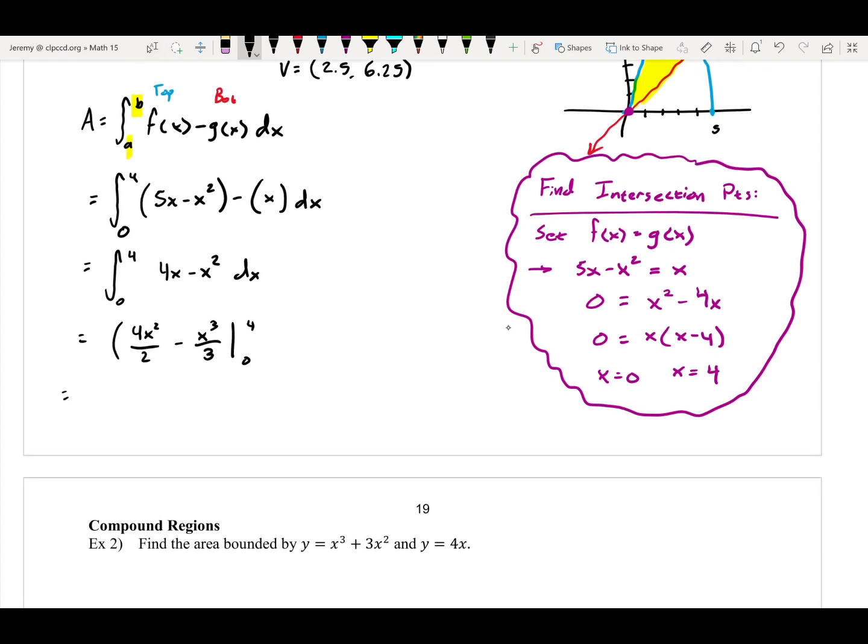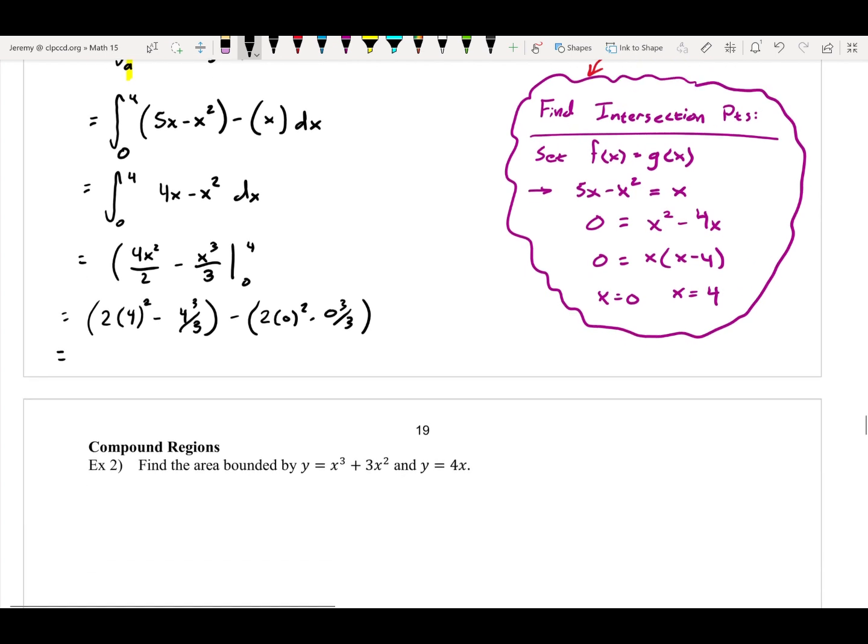Okay, so I can simplify a little bit, and I'll write this as just 2x squared, but I'm going to go ahead and plug in 4. So minus 4 cubed over 3, and then we'll subtract from that, plugging in 0, which is going to be 2, oh sorry, I forgot to put the second power up there, 2 times 0 squared minus 0 cubed over 3.